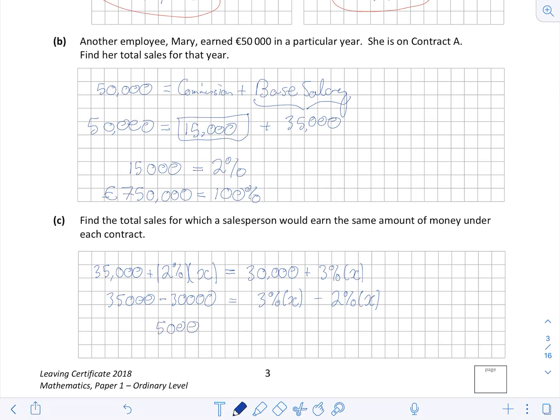So if I have 3% of x and I take away 2% of x, that's just going to be 1% of x. So 1% of the number we're looking for is 5,000. So 100% of x must equal, what's that? We add on 2 zeros, so 500,000.